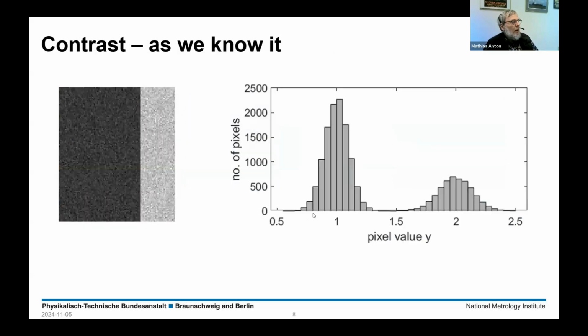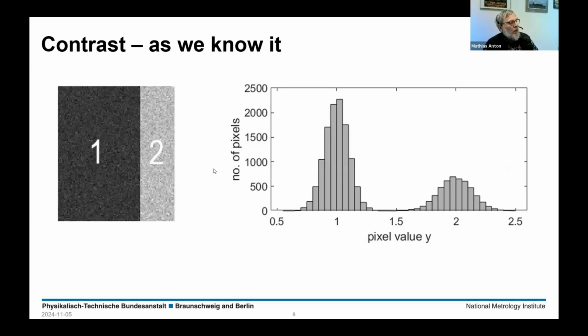What we know is, if we have, for example, a step function that is used in quality assurance in mammography to calculate contrast and contrast-to-noise ratio, then we have two well-defined regions with lower and higher gray value, the histogram of which you see on the right side.